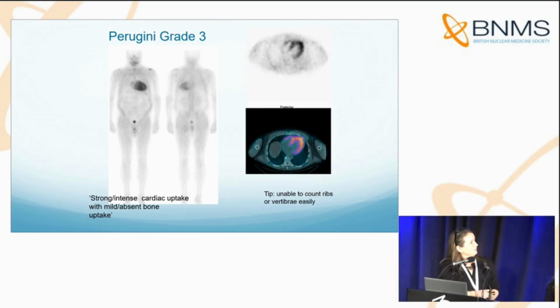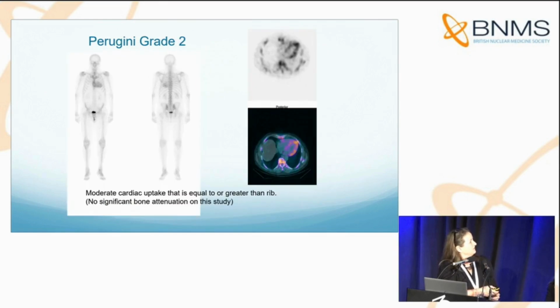But you can see here we've got a bit more uptake and it's greater than the surrounding rib, okay, in this particular case. The grade 2, more uptake than equal to the rib, just slightly more uptake. And you can see here in this grade 2, we've also got a little bit of uptake in the right ventricle.